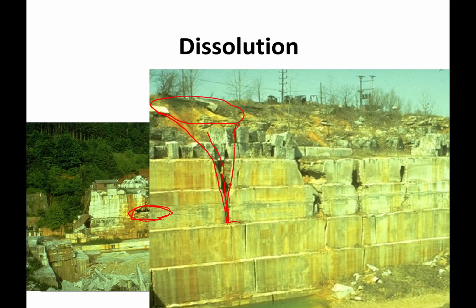And so this is a sinkhole up at the ground surface, and it's a dissolution feature that is formed on this vertical fracture. And you can see that there's another one here, and another one here, and another one here. So they're spaced all along. There's probably another one right here out of the image. So they have somewhat of a regular spacing all along this face of this quarry.